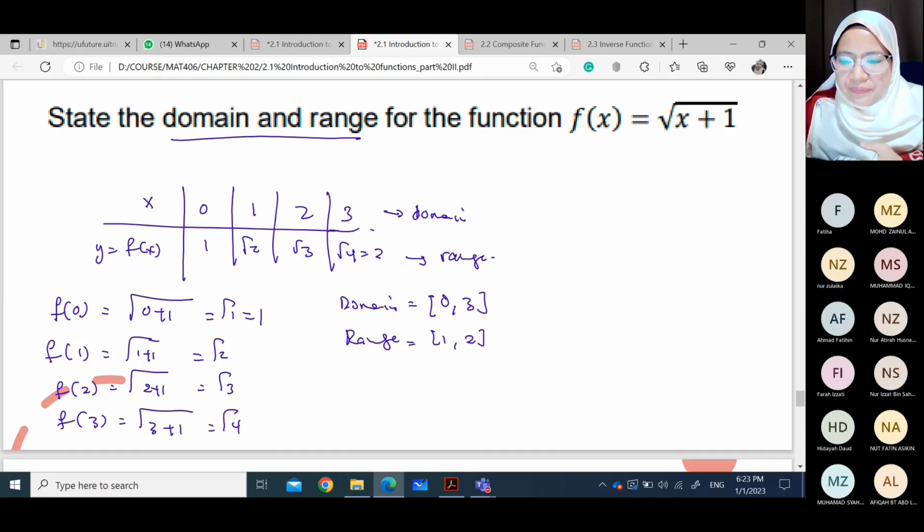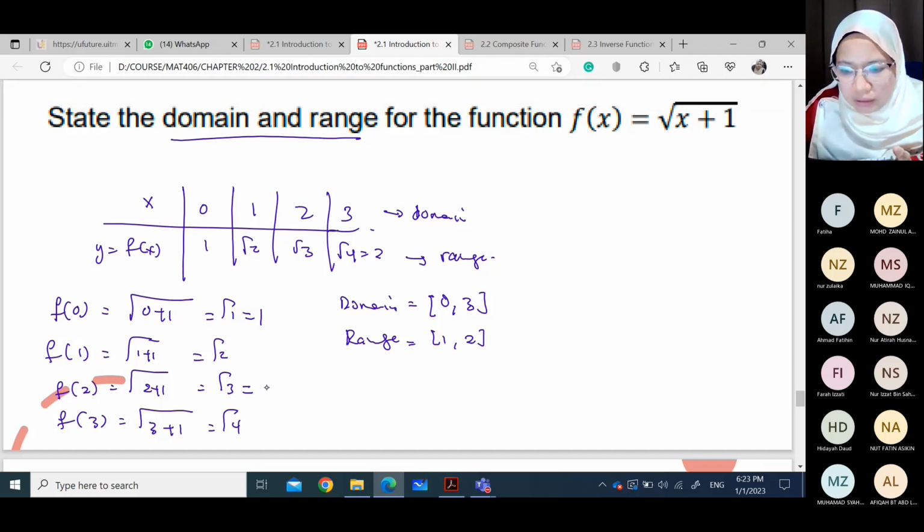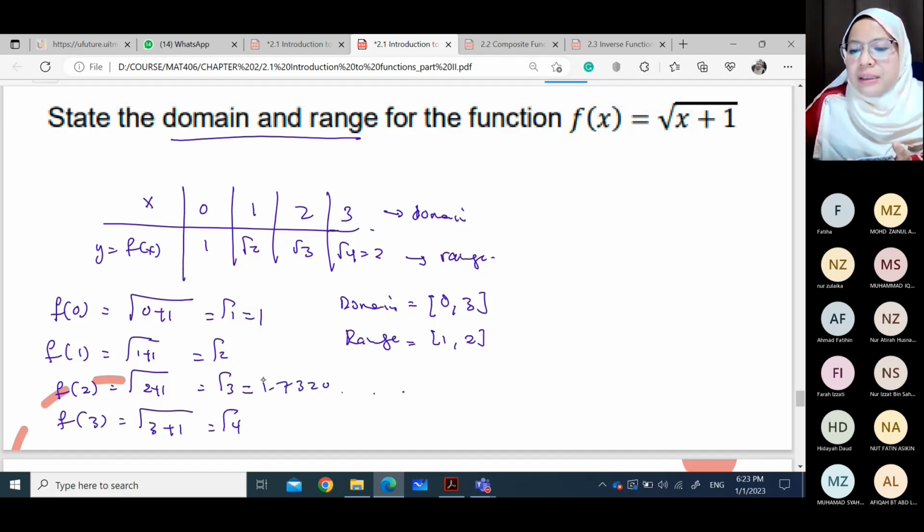Okay, alright. Okay. Untuk jawapan dia kan dimasukkan square root of 2 plus 1 kan? Sebab kita punya domain is 2. 2 plus 1 then you will have square root of 3. So square root of 3 ni kalau dalam desimal dia adalah 1.7320 something kan?